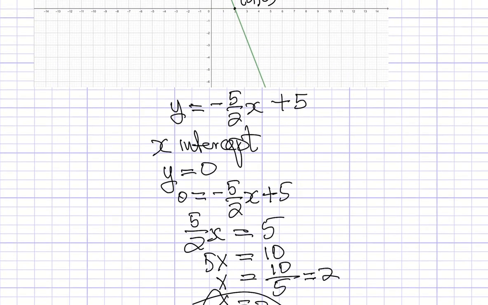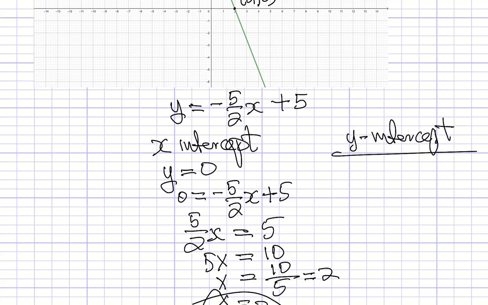Now, let's do the same thing for the y-intercept. You set x to 0. x equals 0, and then you put it in the equation, you get y equals 5. In case you don't see it, let me go through the process of solving it.